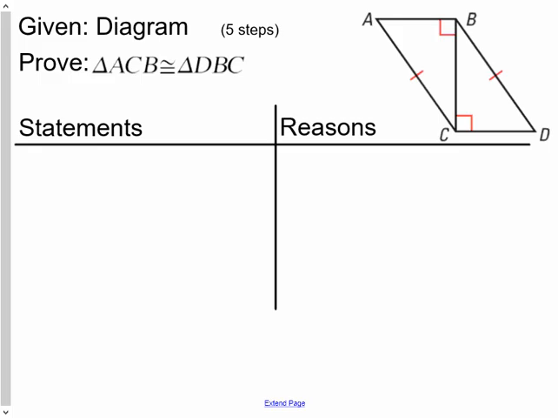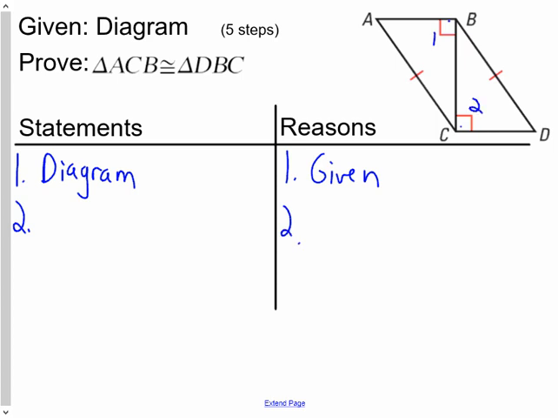Last one is given the diagram, another 5 steps, prove triangles are congruent. And in this case, they didn't give us much, so if they just say diagram, we'll take the diagram, right? Now, the diagram includes some perpendicular lines, right? These are perpendicular lines, not necessarily right angles. So we're going to say, by definition, we can call them 1 and 2 if you want to make it easier.